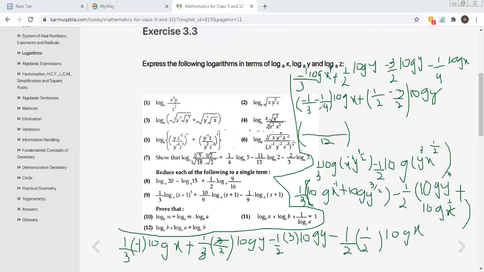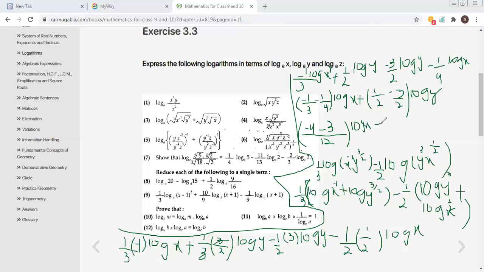When we see that the denominators have no common multiple, the LCM would be the product of their numbers, and cross multiplication is involved. Minus 4 upon 12, minus 3 upon 12, and then log of x.